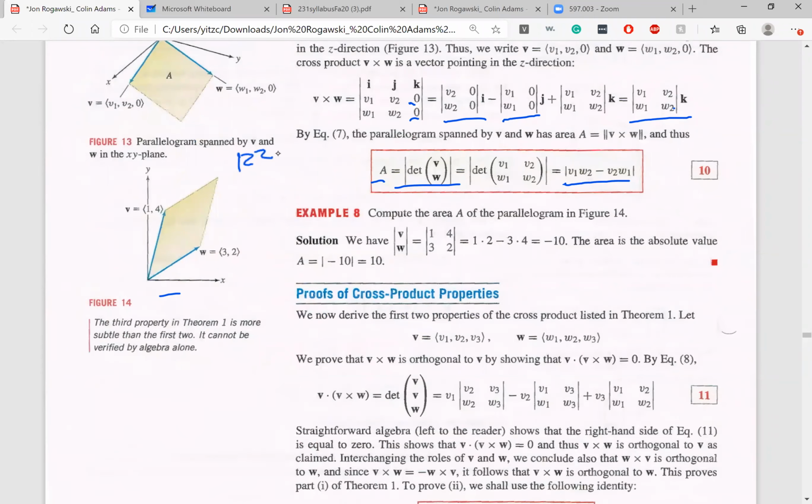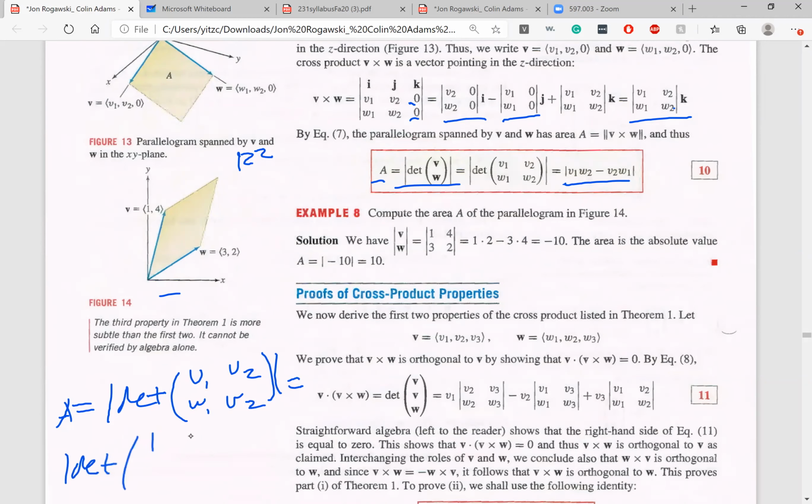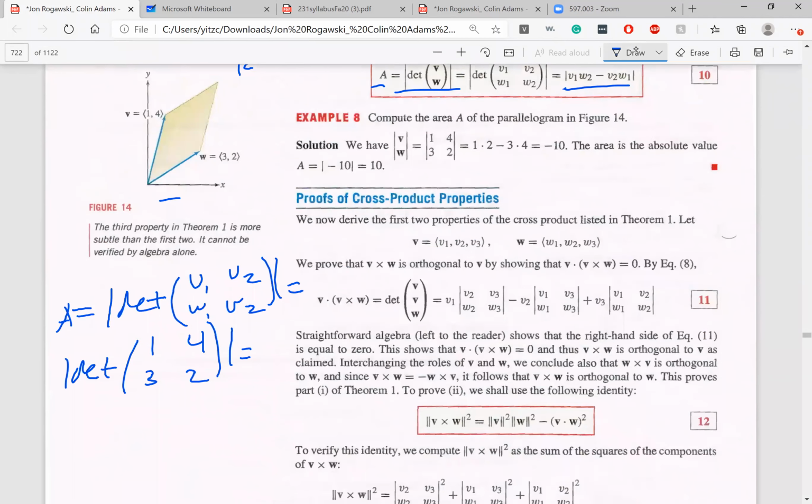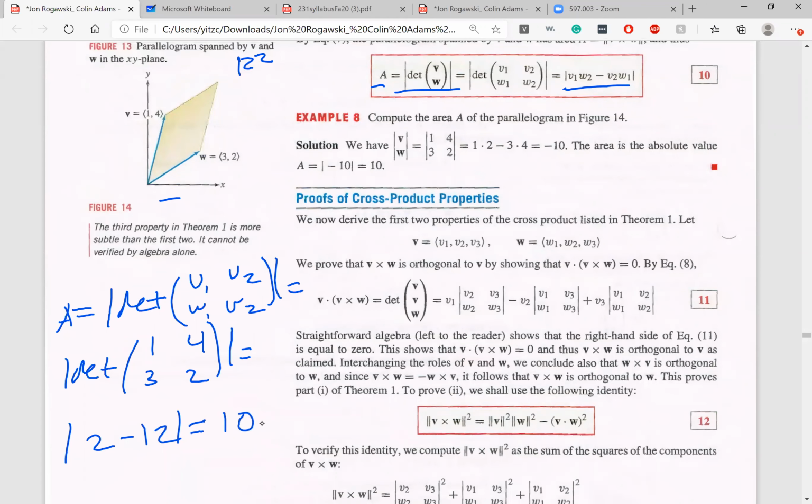So we are going to say that the area is going to be equal to the absolute value of the determinant of V1, V2, W1, W2, which is going to be equal to the absolute value of the determinant of 1, 4, 3, 2, which is going to be equal to the absolute value of 1 times 2, which is 2, minus 3 times 4, which is 12, which is going to be equal to 10. Any questions about this?